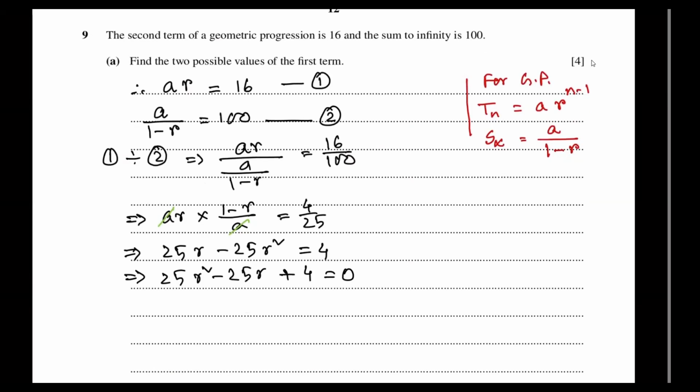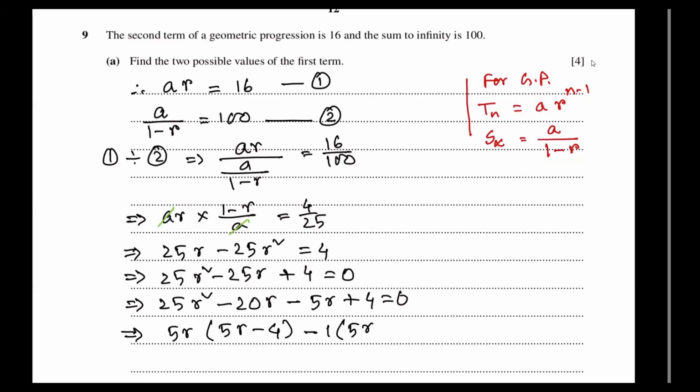In fact, we have taken all the terms on the left-hand side, then divide by minus sign, we get this equation. Now solve this equation, and you can use the middle term break, or you can use the direct formula to solve the quadratic equation. We are using the middle term break here. Since it is P1, you have to show the working. That's why we are showing a middle term break here.